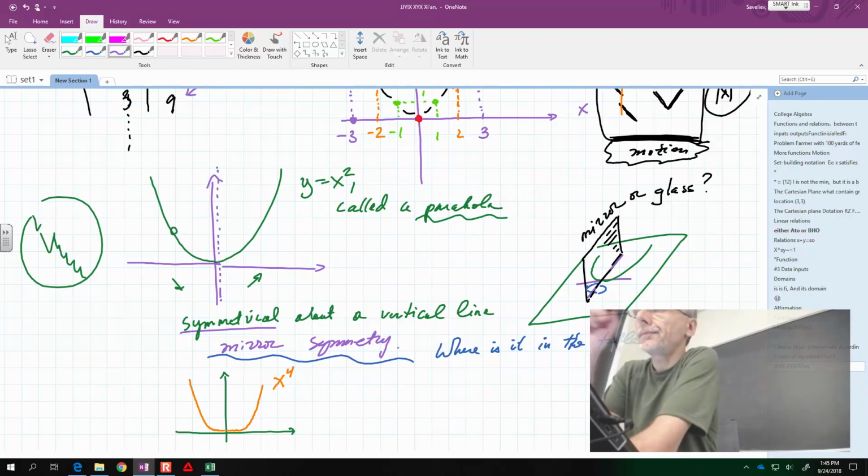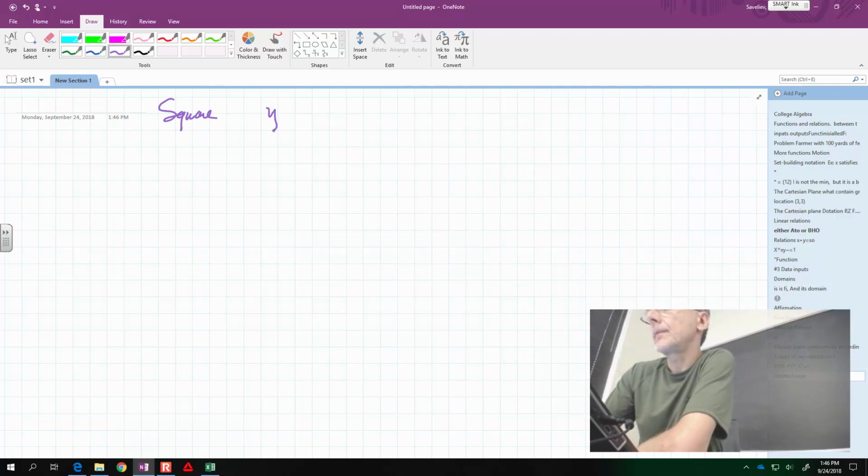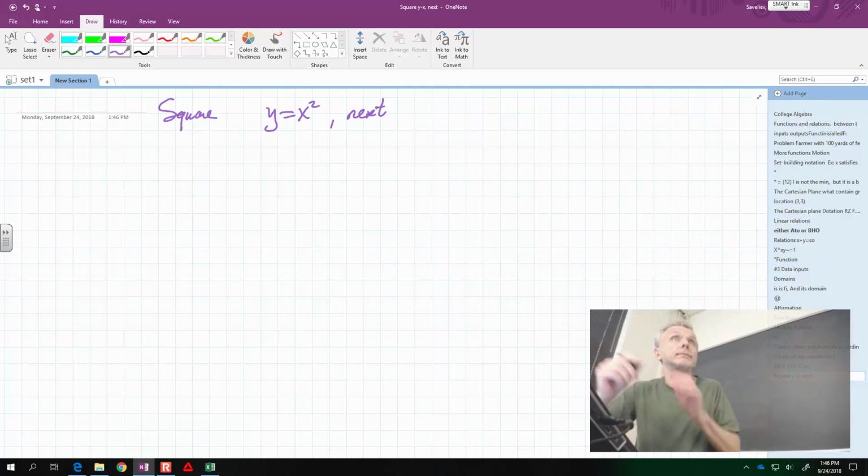Now, where do we go from the square? y equals x squared. Next. What's next? Next level of complexity. I'm talking about quadratic functions, so quadratic polynomials.